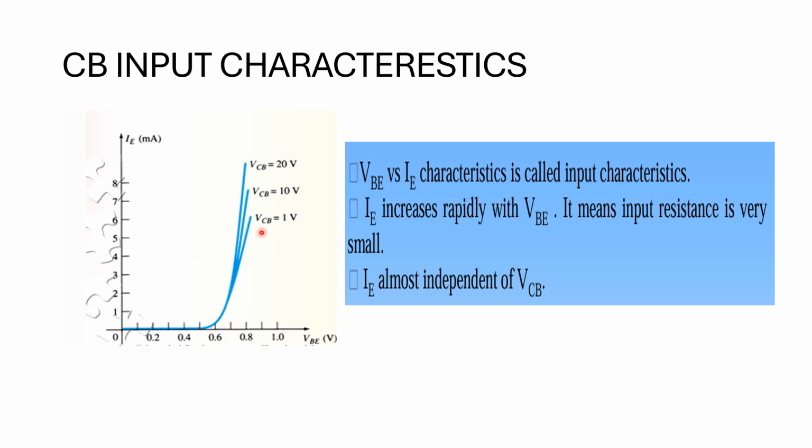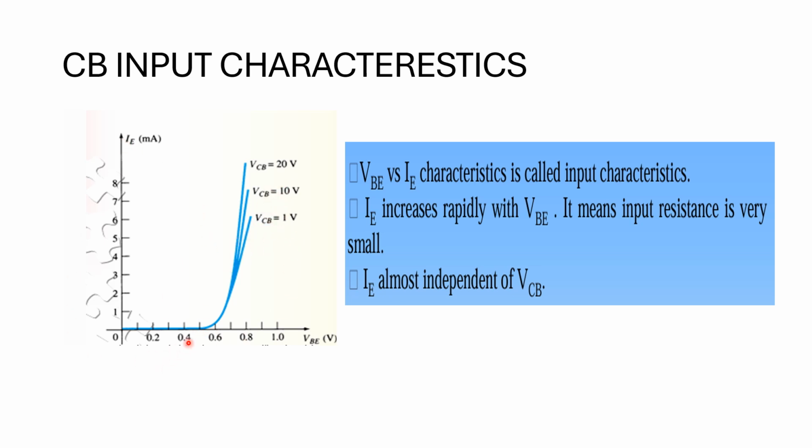See here, when VCB is equal to 1, here VCB is equal to 10. Again, the output voltage is kept constant at another value and we repeat the same procedure. For VCB 10 volts the curve is like this, for VCB 20 volts the curve is like this. If you observe the curves, IE is almost independent of VCB.